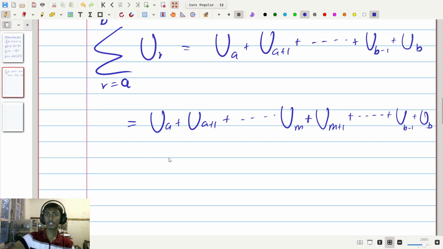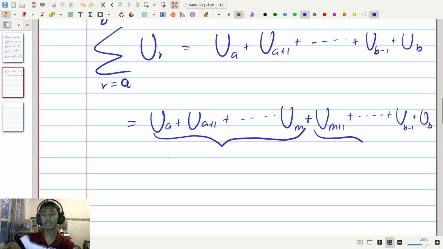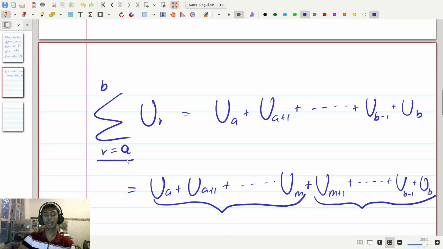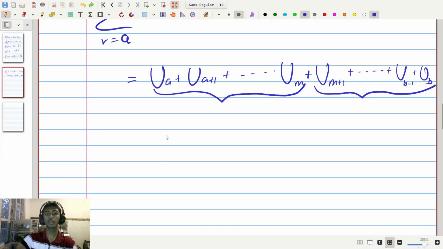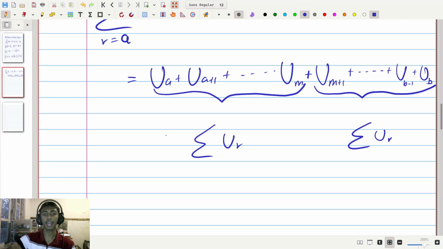Now, this sum can be clearly seen to be the sum of all the terms from u of a up to u of m plus the sum of all the terms from u of m plus 1 up to u of b. Due to this, instead of just writing this as the sum from r equals a up to b of u of r, we could break this into the sum of u of r as r goes from a up to m, plus the other sum of u of r terms from r equaling the very first term in our next sum, which is m plus 1, all the way up to b.